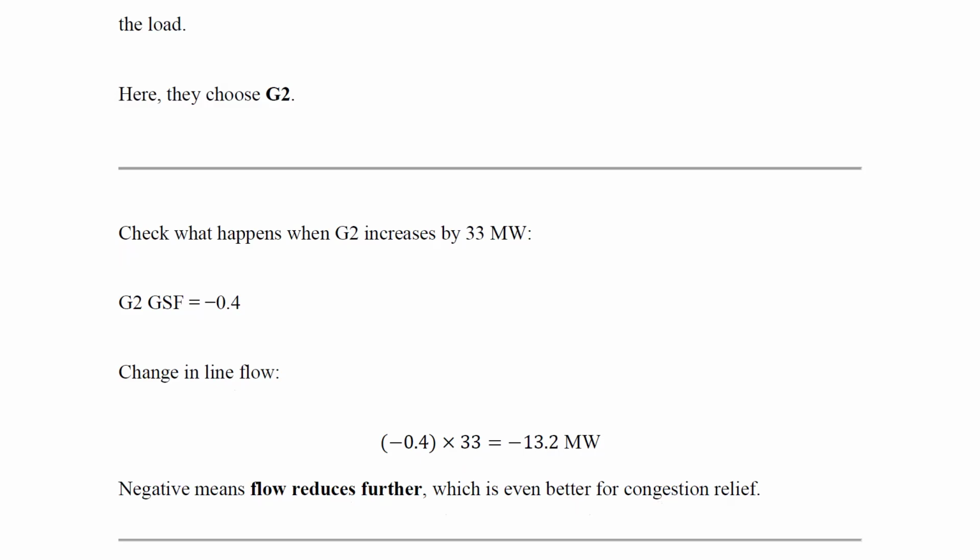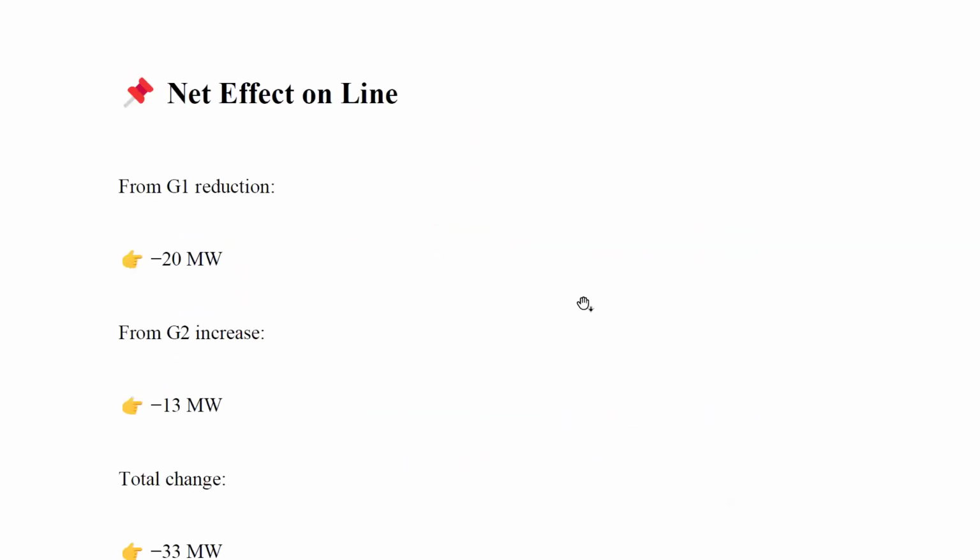So if generator 2 increases by 33 megawatt based on the GSF of minus 0.4, the flow reduces by 13.2 megawatt, which makes the congestion relief better. So this is the concept behind it.